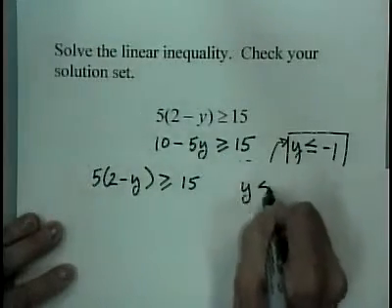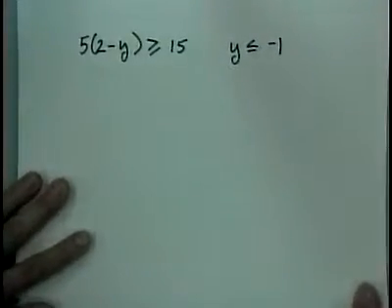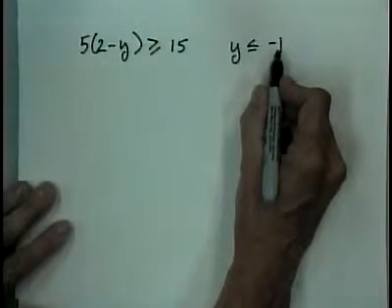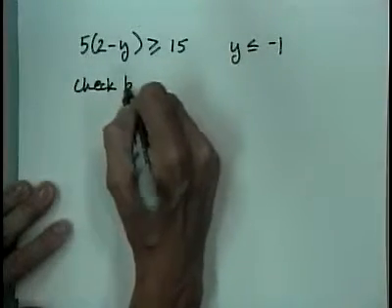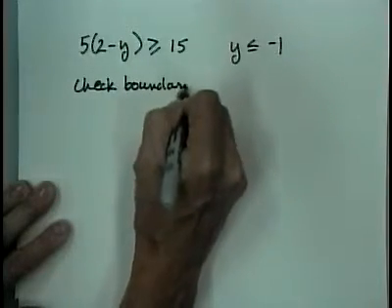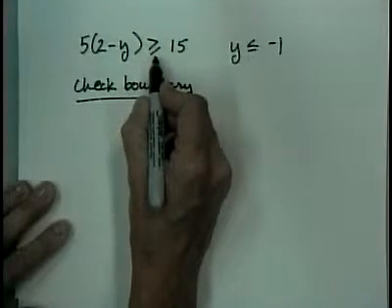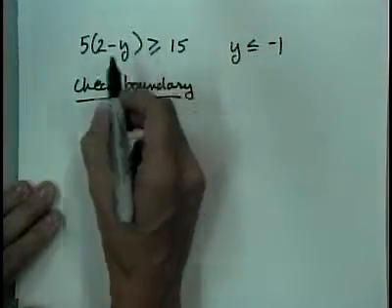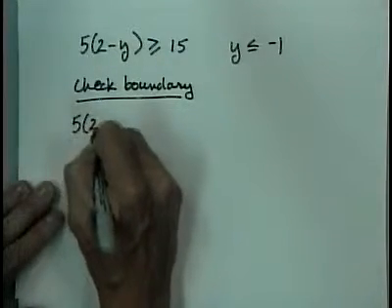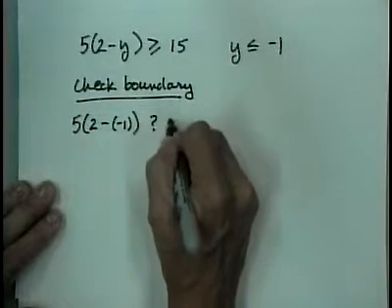So what I'm going to do is rewrite our inequality and solution set, and we're going to check. First we'll check the boundary point. That's the number -1. Check boundary. -1 is the number that would make this an equality, or would make this true if it were an equality. So I'll put -1 for y and a question mark here.